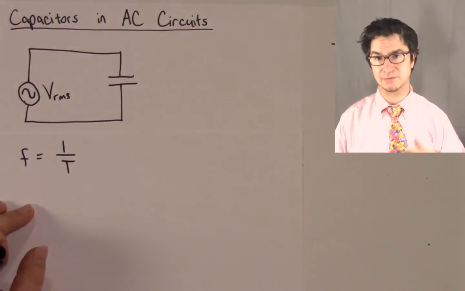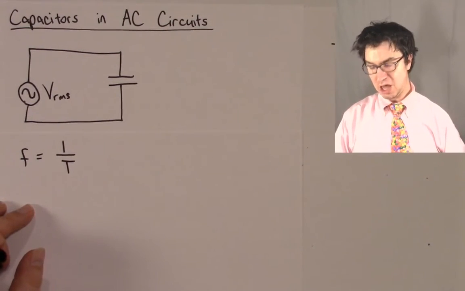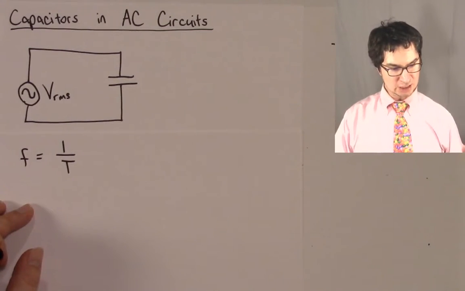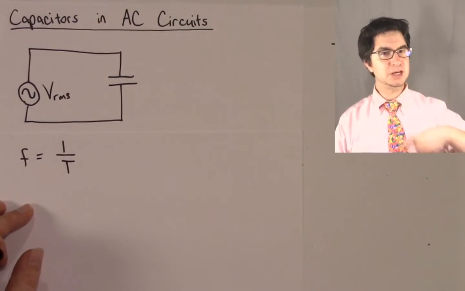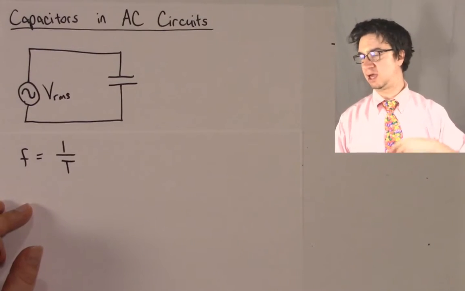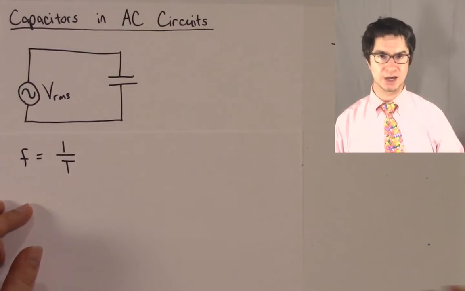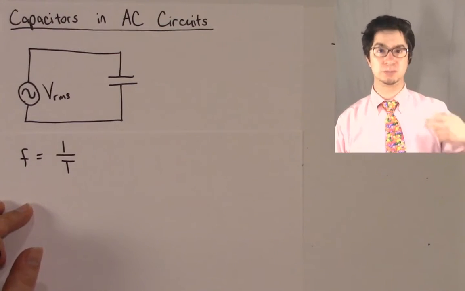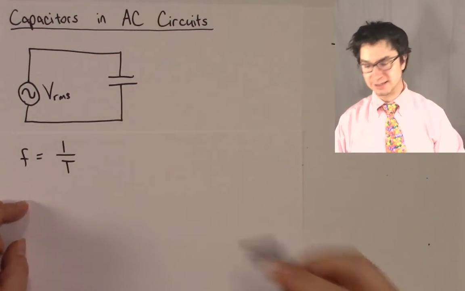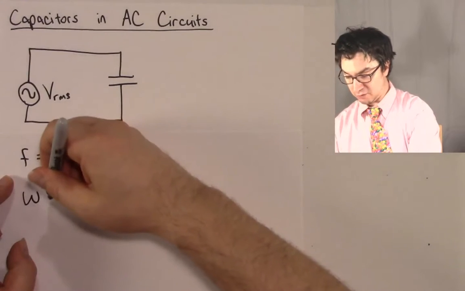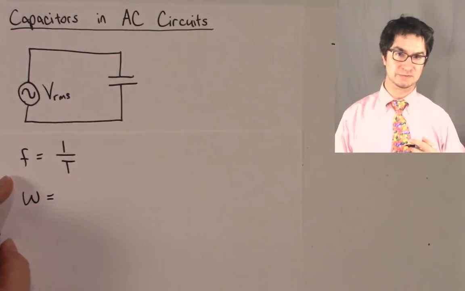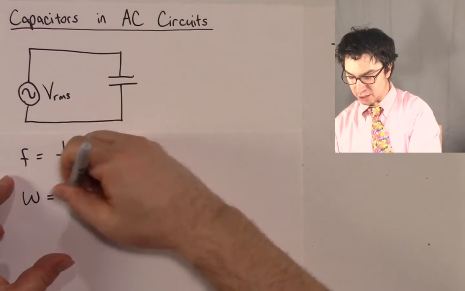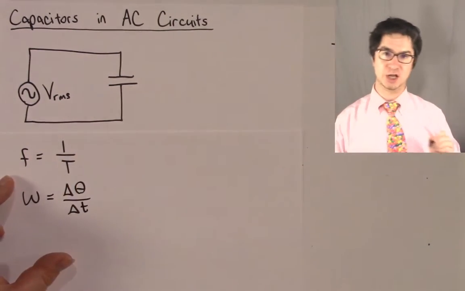That's the time for a single oscillation, right? And from this, let's go a little bit further. Let's consider that if something is rotating, right? If you have a turbine, a wind turbine, a hydroelectric turbine, a nuclear power plant turbine, that turbine is going to have an omega. Now you might remember omega is the angular velocity, and omega is defined as a change in theta over a change in time.